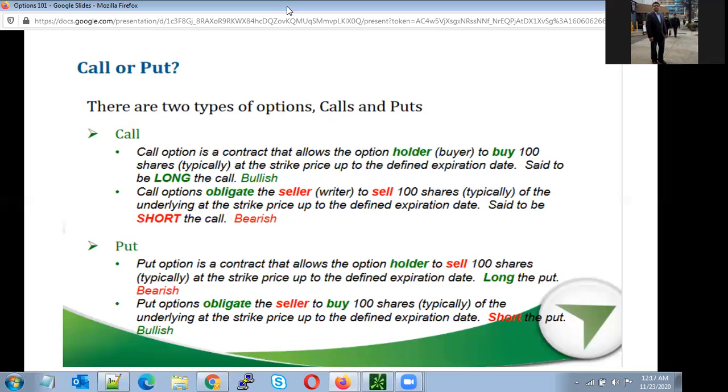I am saving my stop loss. I am saving my losses from the market. Now I will give that stock to whoever sold me the put contract. The seller has to buy that stock at the 100 price.